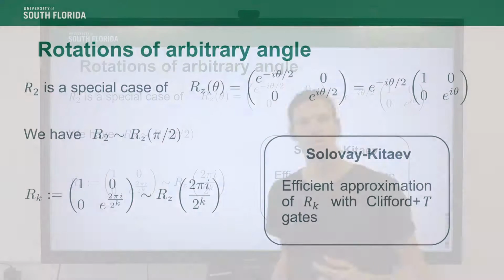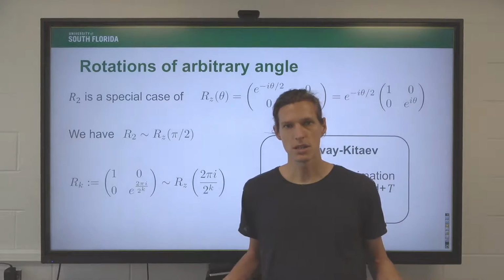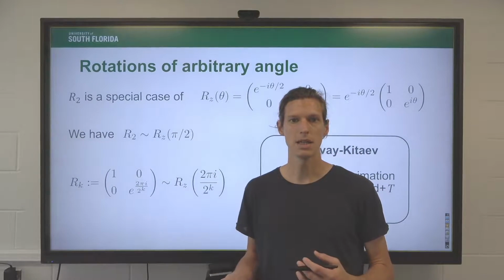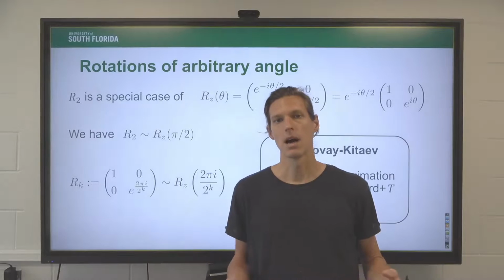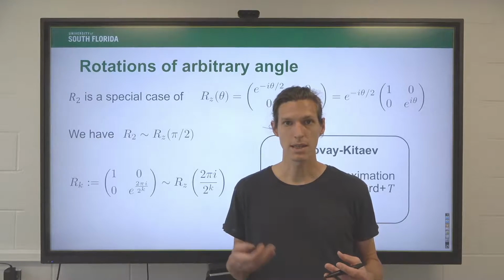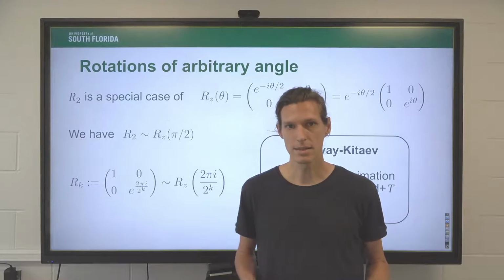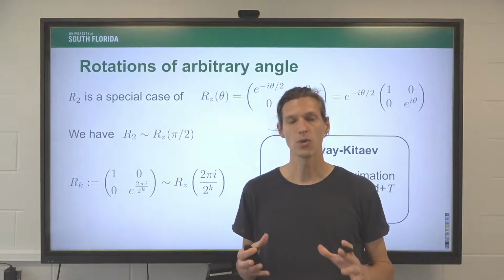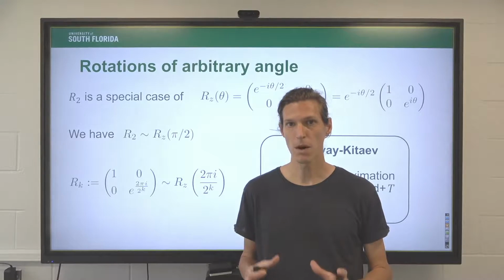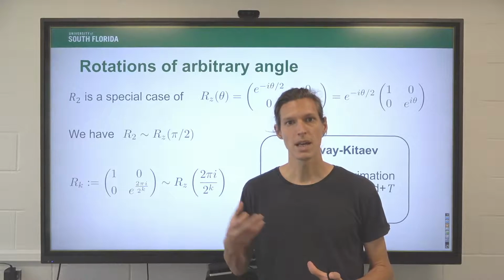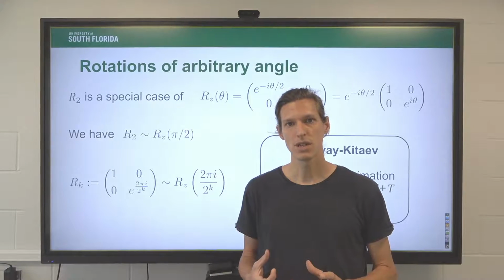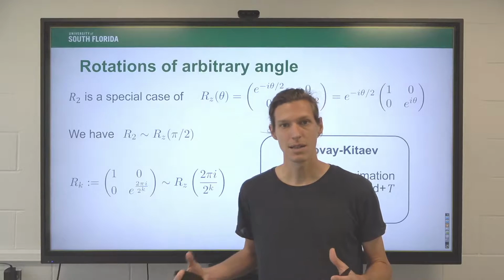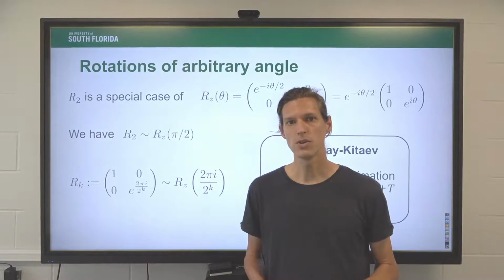Now, in general, these rotations aren't going to be in our gate set. You have special cases like the S or the T gate, rotations of angle 2 pi over 2 to the k for small k, but when k grows, these rotations are going to be outside of our gate set. So what do we do?